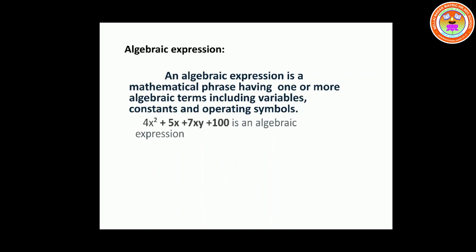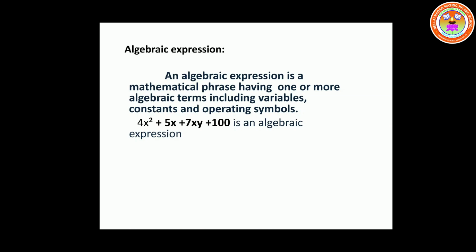Now let us consider the example: 4x square plus 5x plus 7xy plus 100. Now this is an algebraic expression where you have the algebraic terms, variables are there, constants are there and the operating symbol plus is in between the terms.